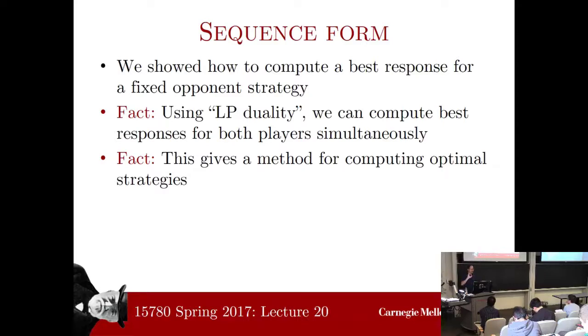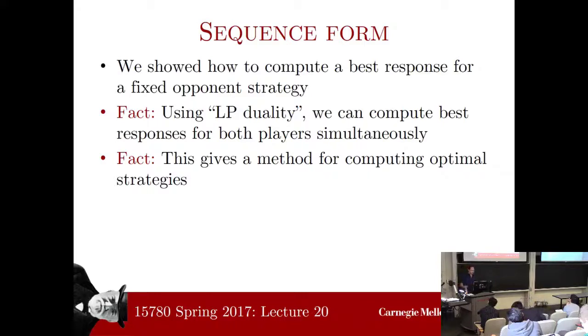Basically what you want is to embed the best response of one player, by using the dual, into the problem of the other player. But we won't talk about this at all. The fact is that this does give a polynomial time method for computing optimal strategies. And again, the takeaway message is the sequence form. It's a pretty simple idea that helps us linearize things and makes this possible.